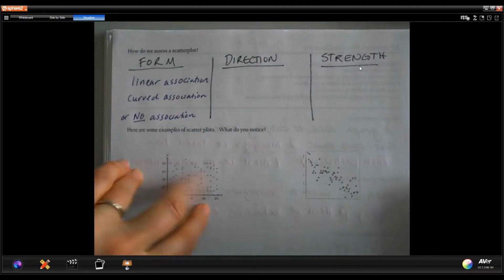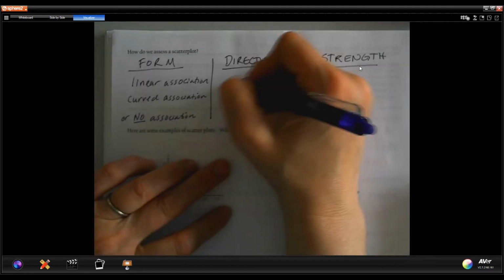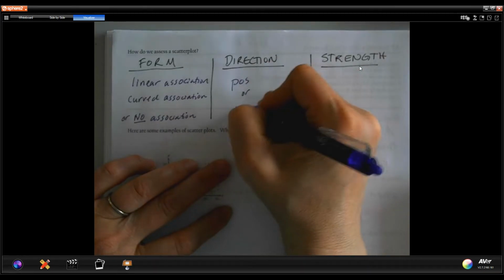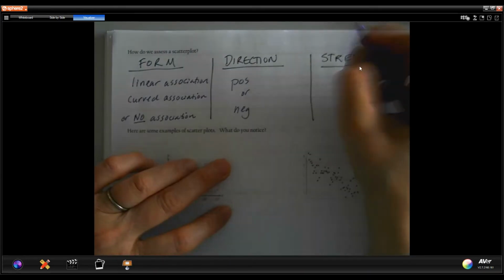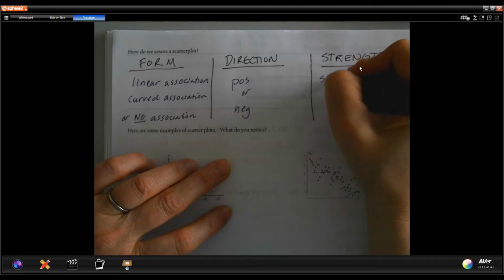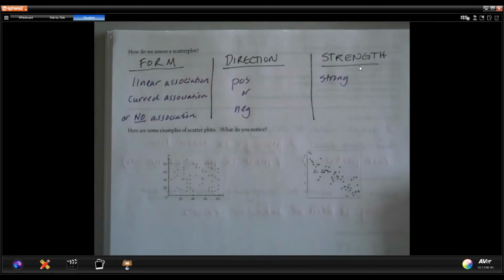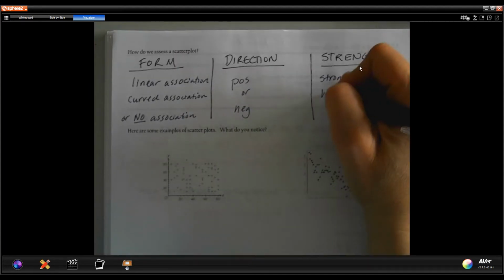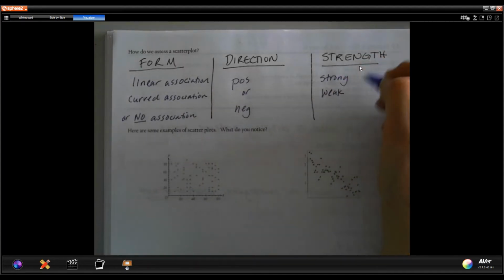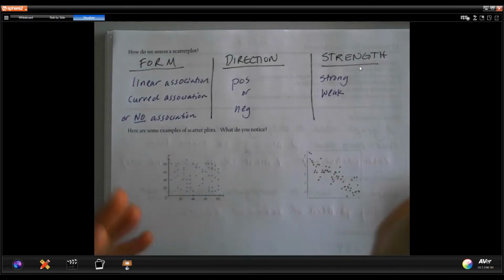Pretty straightforward. The direction is going to either be positive or negative, uphill or downhill. And the strength, we'll say it's strong, meaning all the dots are very close together, forming that pattern. Or we could say they're weak, like we can see that it's going uphill, but they're really far apart.